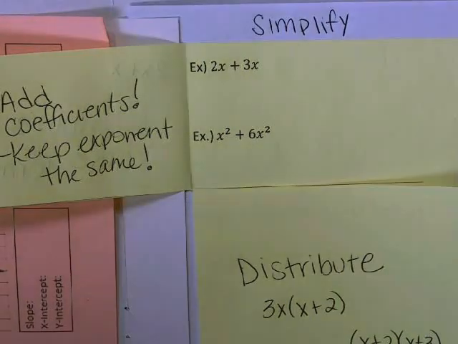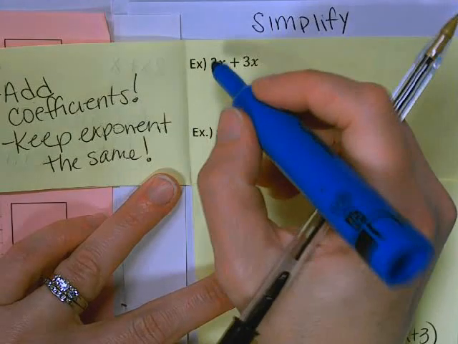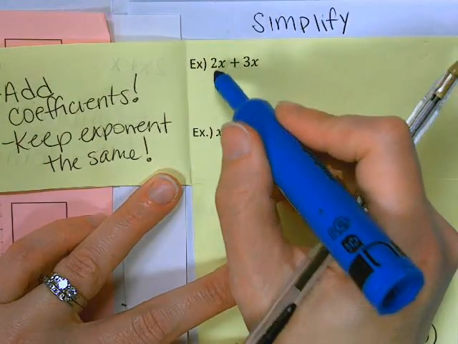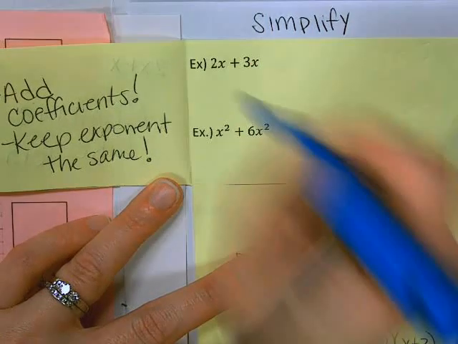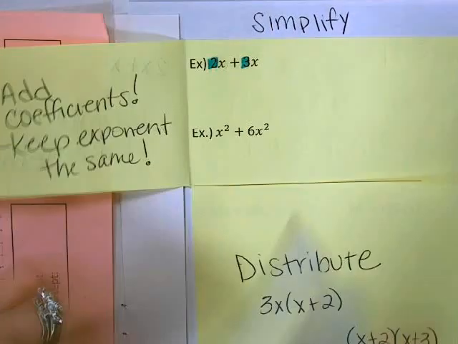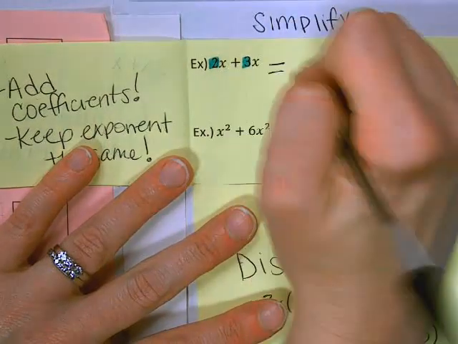In this first example, we have 2x plus 3x. They have the exact same letter and the exact same exponent on that letter. So we're just going to put the 2 and the 3 together. And 2 plus 3 is 5. So this is 5x.